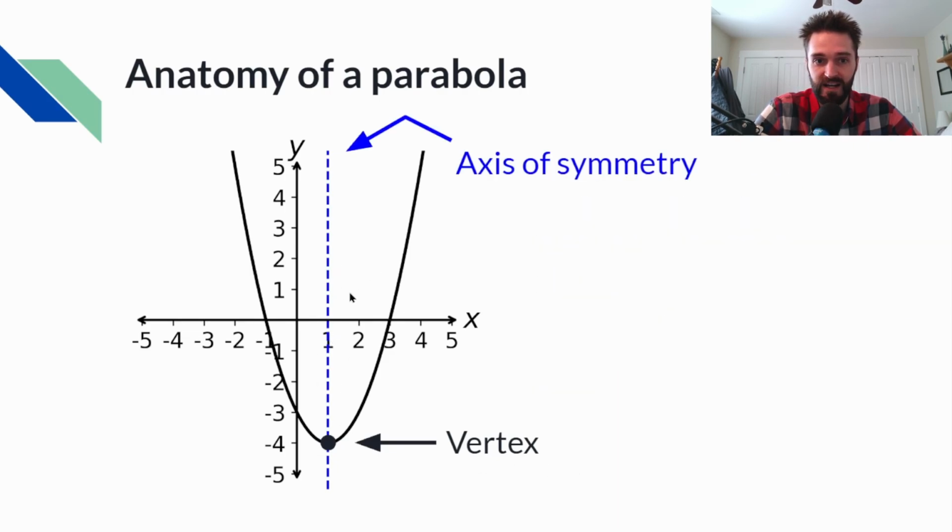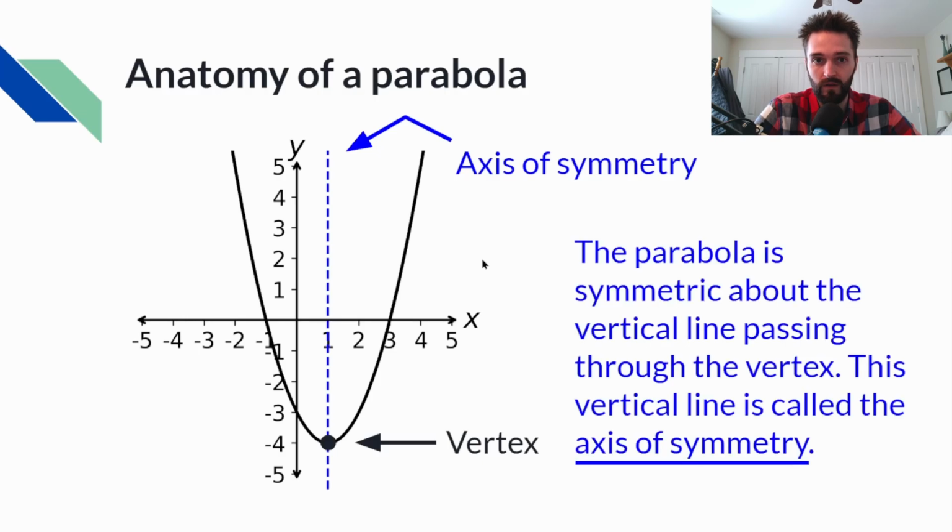This blue dashed line here is called the axis of symmetry. Okay? The parabola is symmetric about the vertical line passing through the vertex. This vertical line is called the axis of symmetry. Okay? Recall from the even and odd functions video that we looked at the graph of y equals x squared, and we found that it was symmetric about the y-axis.